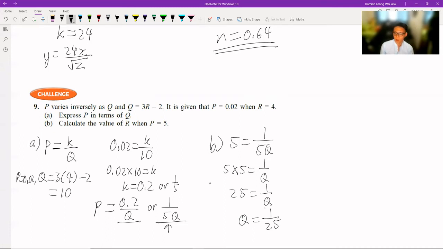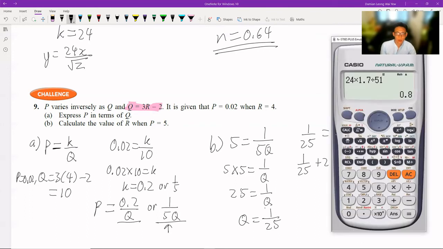But this is not the final answer. I want to find R, not Q. So using this Q, I find R by substituting into this equation. So 1 over 25 equals 3R minus 2. 1 over 25 plus 2 equals 3R. 1 over 25 plus 2 is 2.04.